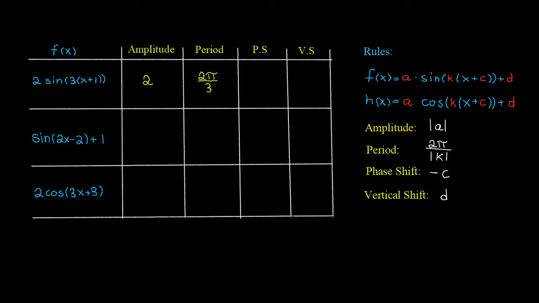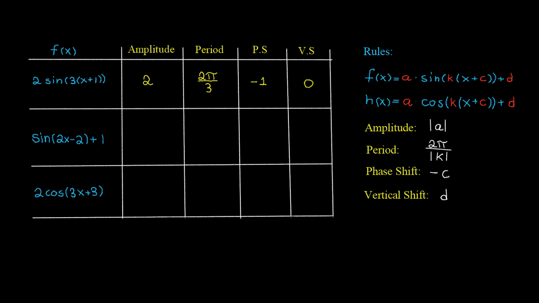The phase shift is the same as the negative of the c value. And since our c value was 1, our phase shift is going to be -1. And we can also see that our d value is going to be 0, since our function doesn't have a second term. And our vertical shift is therefore also going to be equal to 0.